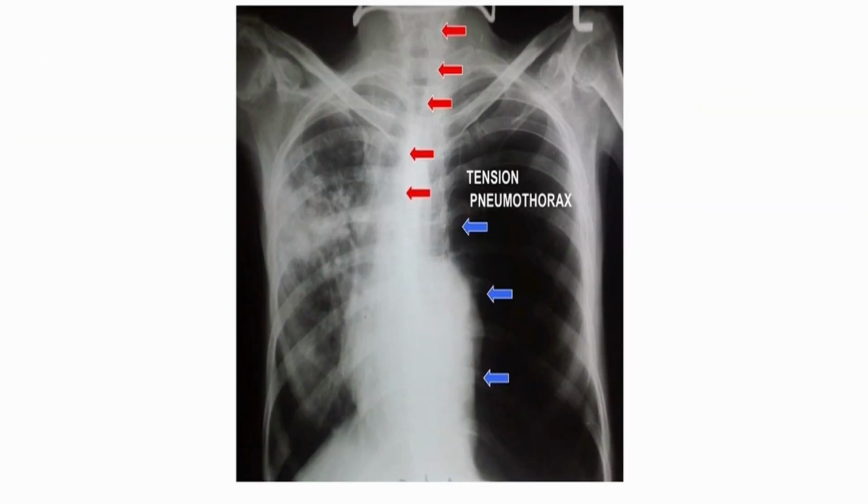And another good example of a tension pneumo, so there is absolutely no lung there. It's pushing on the contralateral side, so it certainly is going to have significant impact on how the heart is able to pump. So this is a medical emergency, needs an immediate needle decompression and follow-up chest tube.